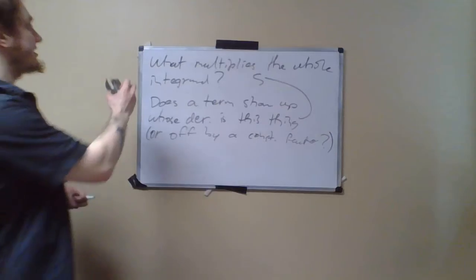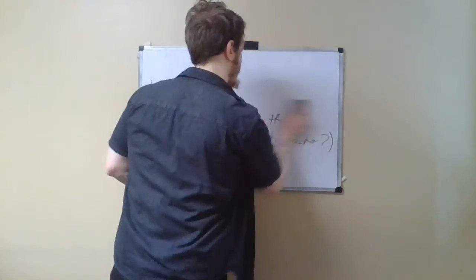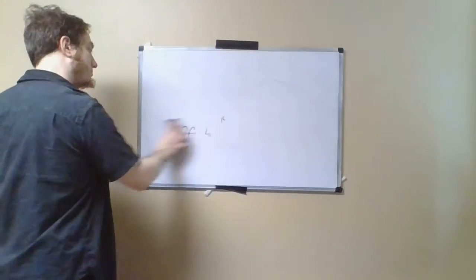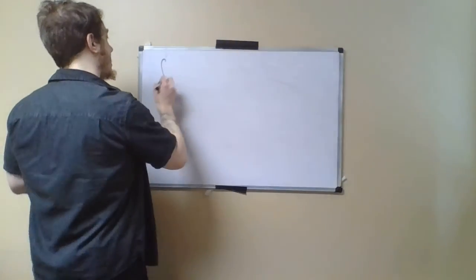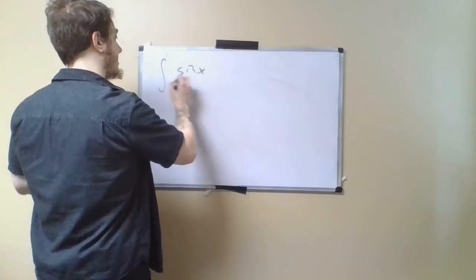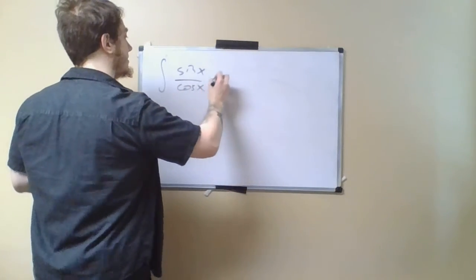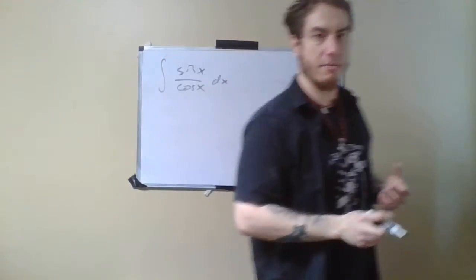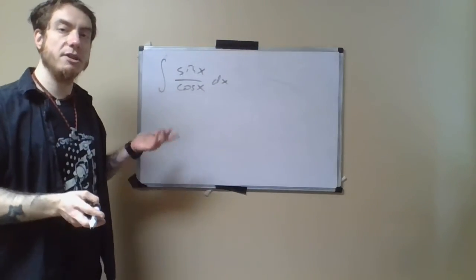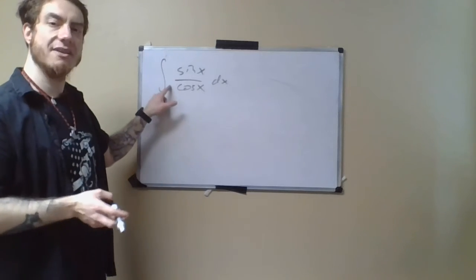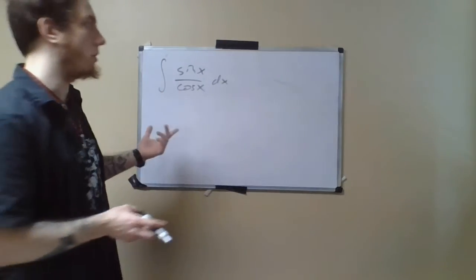Just to give you an example, supposing that we go back to that integral of sine x over cosine x dx that I was talking about, which we did as an example. Let's suppose that I had been totally lost doing this. There's really only two things that multiply through the entire integral.